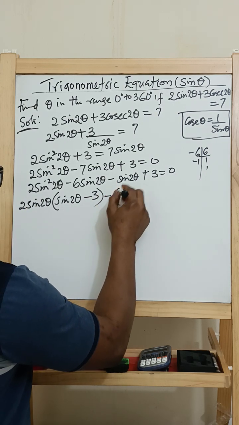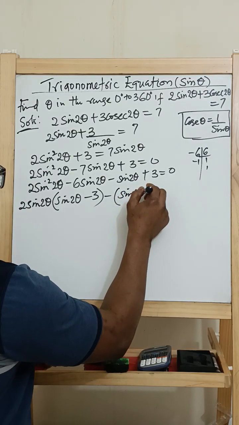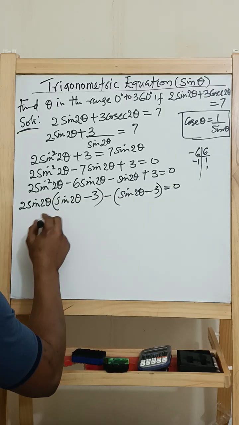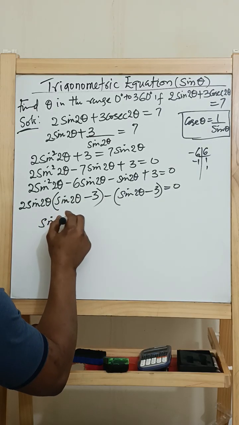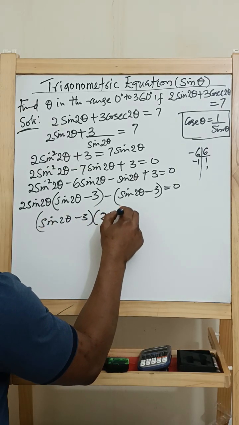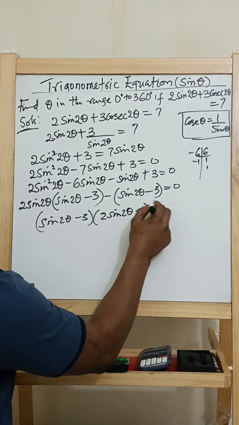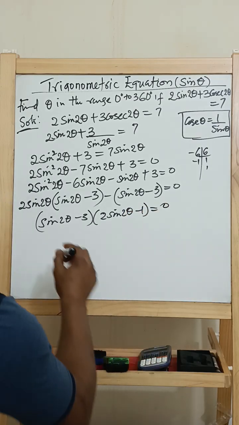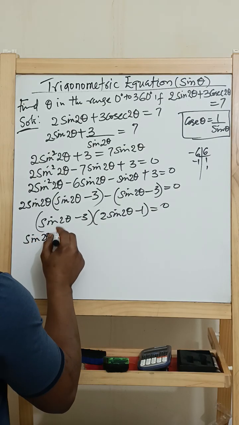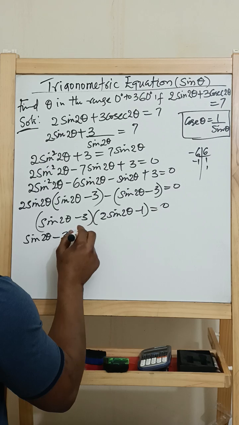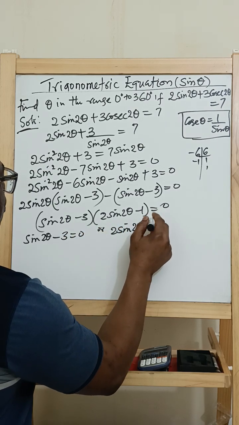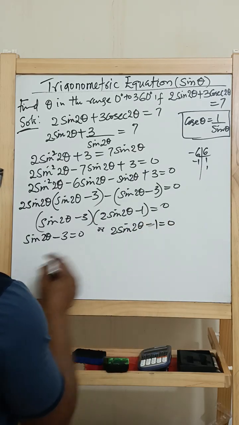Minus is common here, so we have sine 2 theta minus 3. When we factorize, we have sine 2 theta minus 3 and 2 sine 2 theta minus 1. So sine 2 theta minus 3 equals 0, or 2 sine 2 theta minus 1 equals 0.